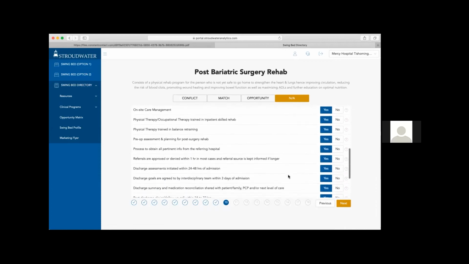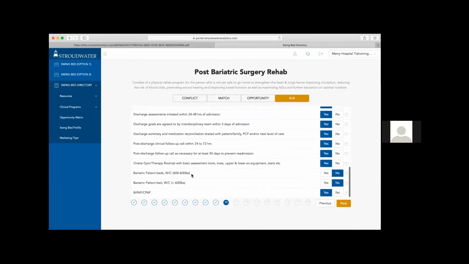We have different rehabs. But then when we get down to the equipment needs around bariatric patient beds, the hospital doesn't have any. So is there an opportunity to get two beds potentially, and then we can start to market and look at, is this an opportunity for us around bariatrics?